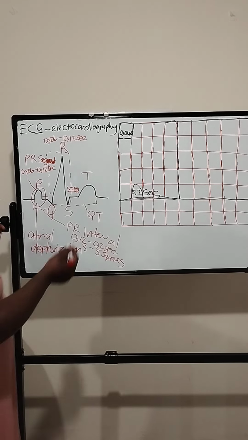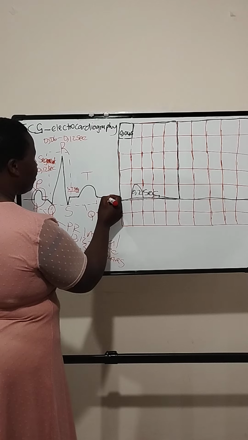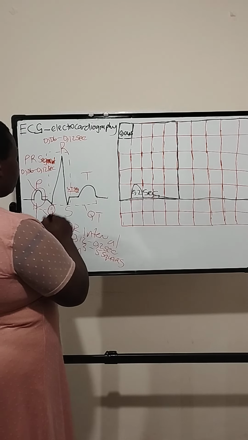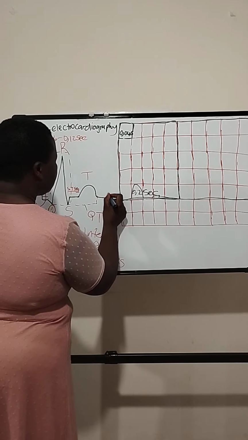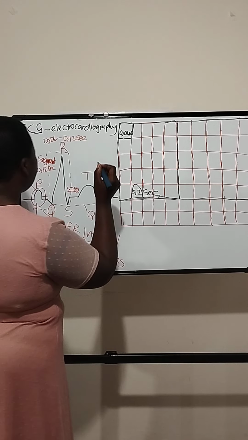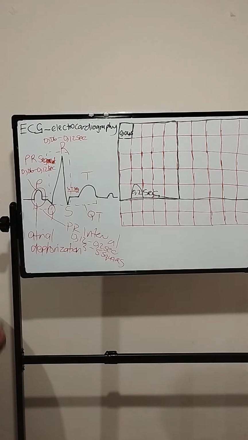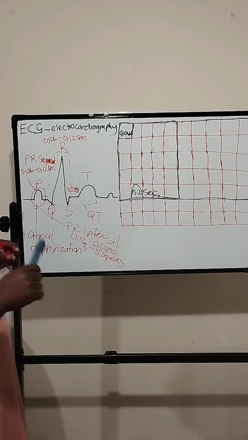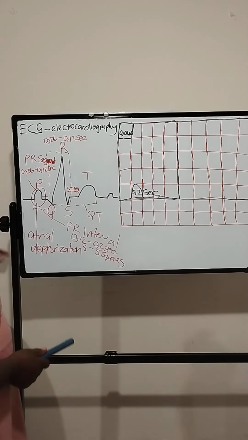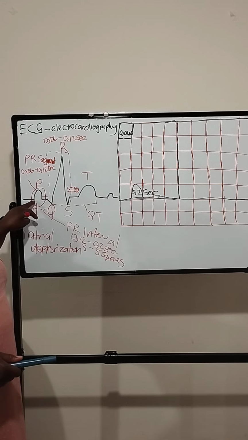And sometimes you can find a U wave on an ECG. Its absence is not significant, and nothing more has been studied about it. So, like I said, a normal ECG always has a P wave.